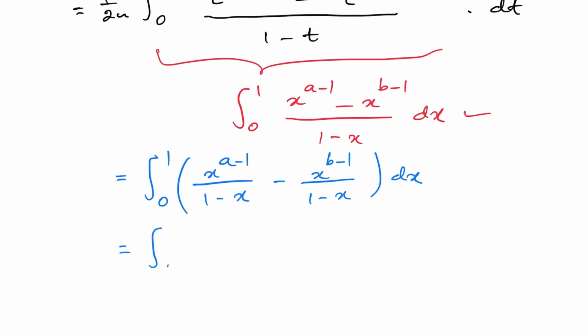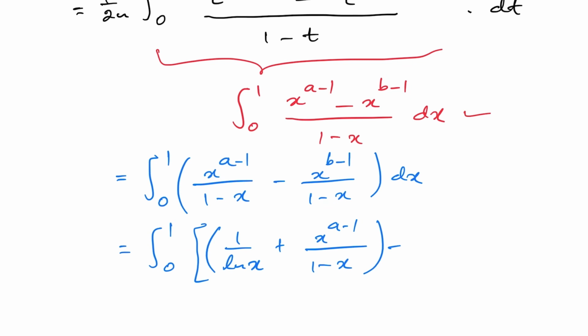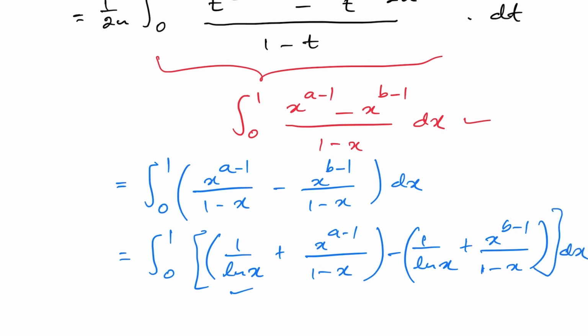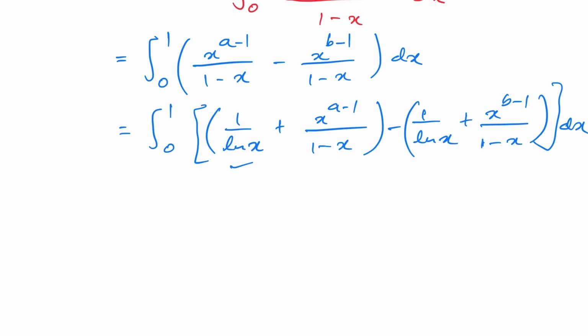Then as a next step I'm going to add 1 over natural log of x, so plus x to the a minus 1 over 1 minus x, and since we added 1 over natural log of x we should subtract 1 over natural log of x, so plus x to the b minus 1 over 1 minus x, dx. What is the next step?